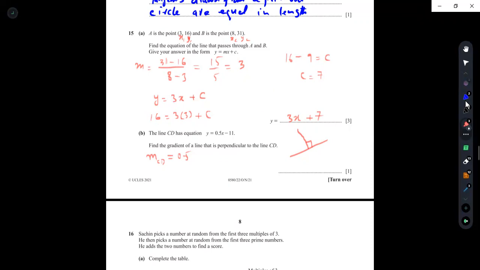We can write 0.5 as 1/2 so that we can easily take the reciprocal. The line perpendicular to CD will have the opposite gradient, meaning the sign changes. It's positive half, so it becomes negative half, and reciprocal: 1/2 becomes 2/1. So the gradient will be -2/1, or just -2.